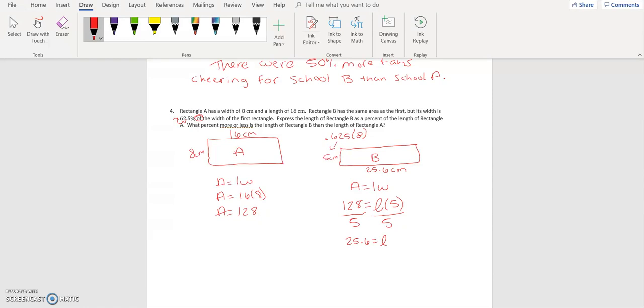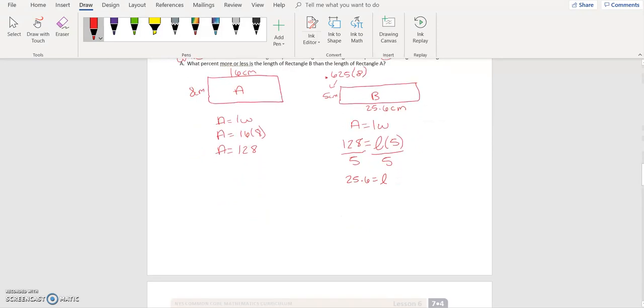It says to express the length of rectangle B as a percent of rectangle A. So now I'm ready for my part, percent, and whole.